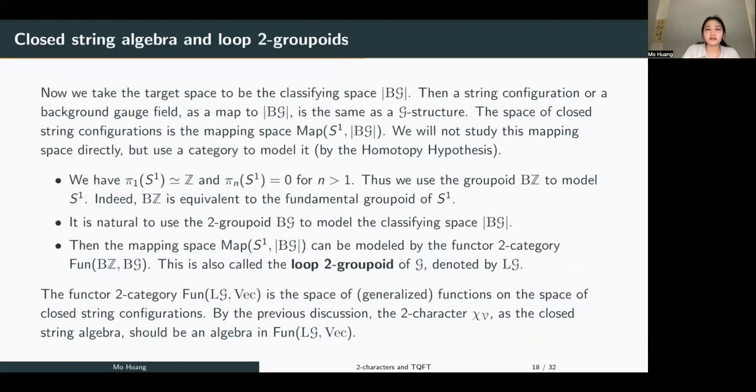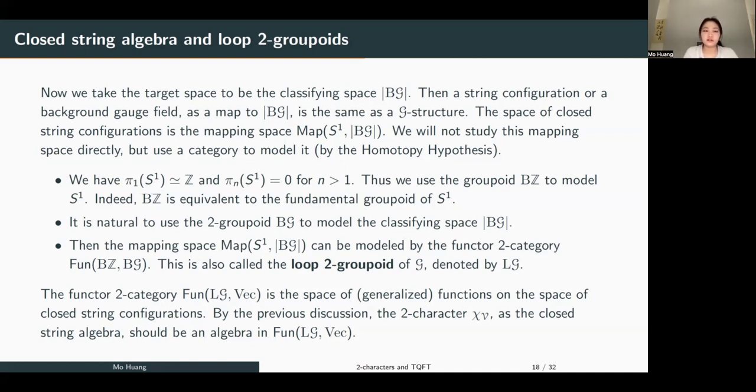Now we take the target space to be the classifying space of G. Then the string configuration, or background gauge field, as a map to BG is the same as the G-structure. The space of closed string configurations is a mapping space from S1 to BG. But we will not study this mapping space directly, but use a category to model it by the homotopy hypothesis.